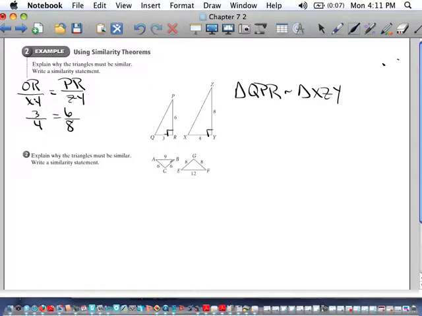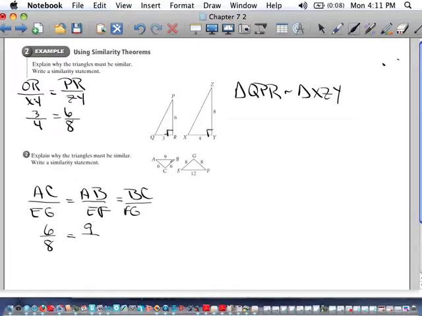The next one, I have AC congruent to EG. I have AB congruent to EF. And I have BC congruent to FG. My ratios are 6 to 8, 9 to 12, and 6 to 8.